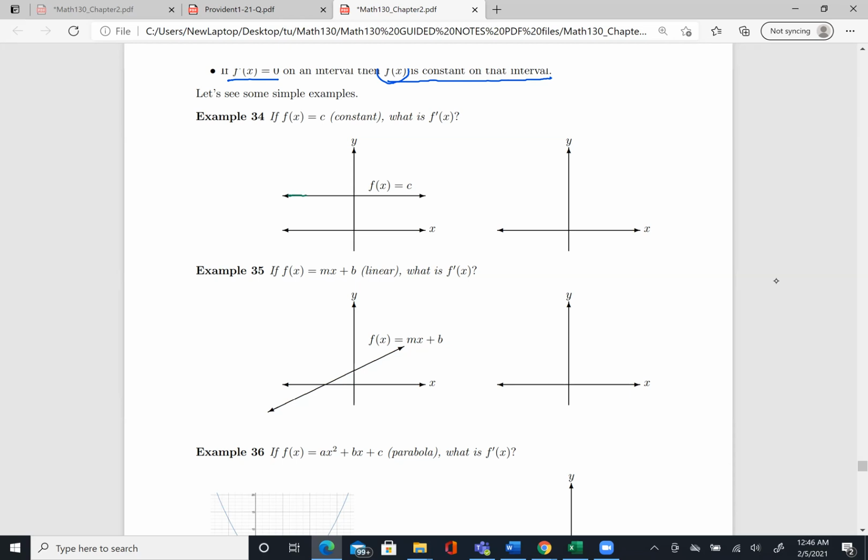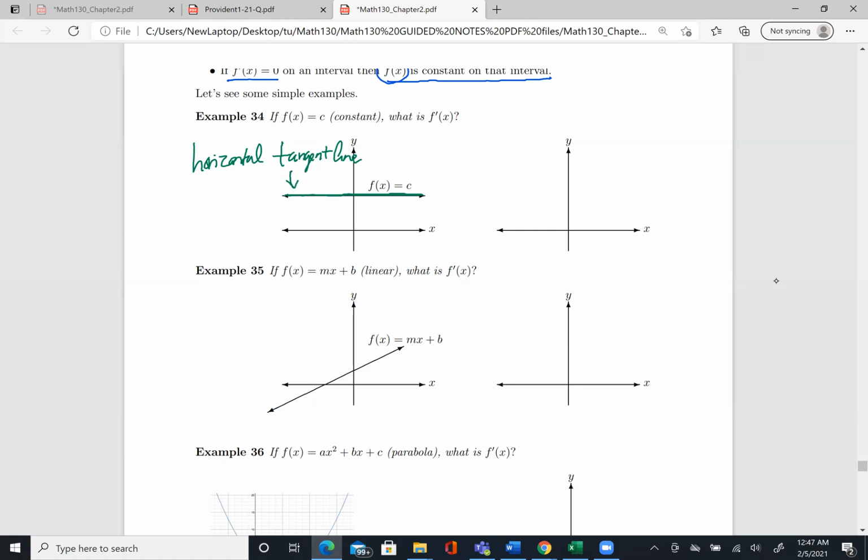I'm going to say this is a horizontal tangent line, right?